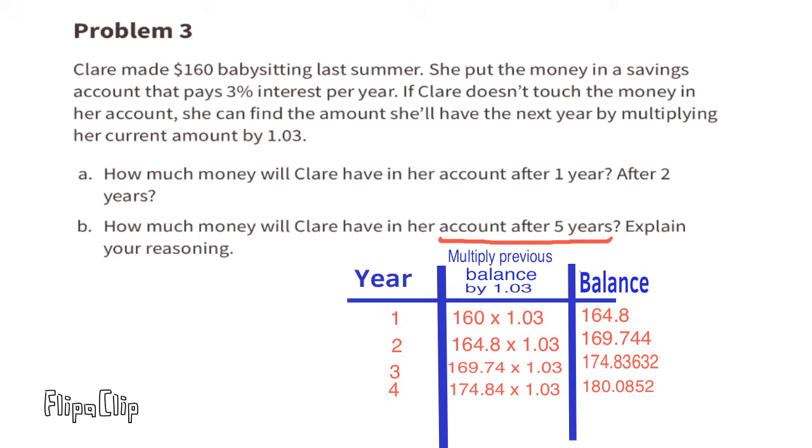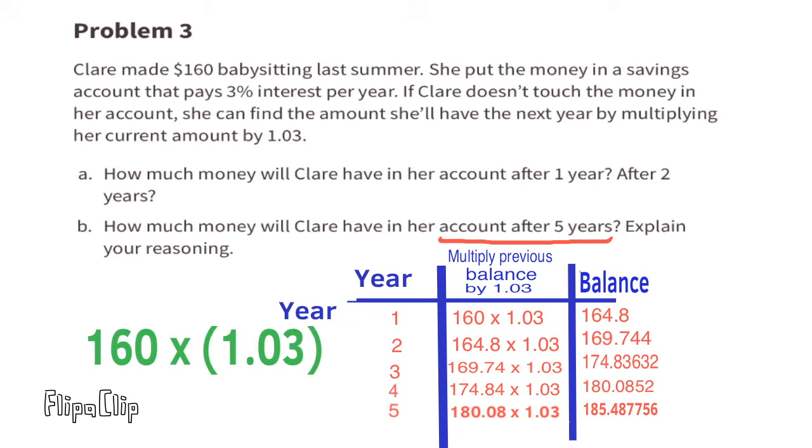Now finally, to find the balance after 5 years, we need to multiply 180.0852 times 1.03, which equals $185.487756, which is approximately $185.49.